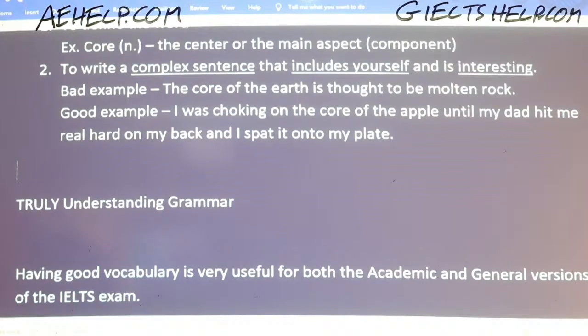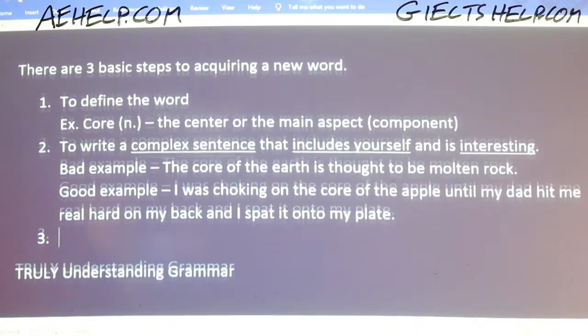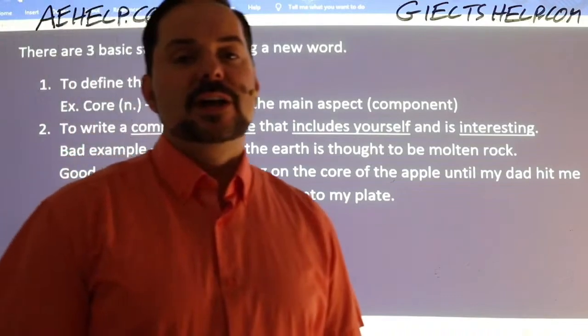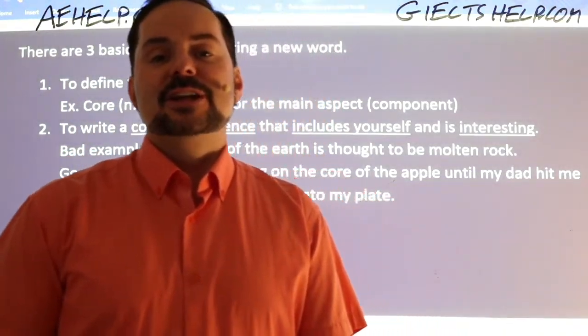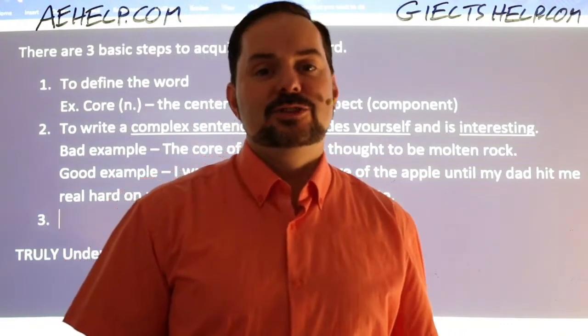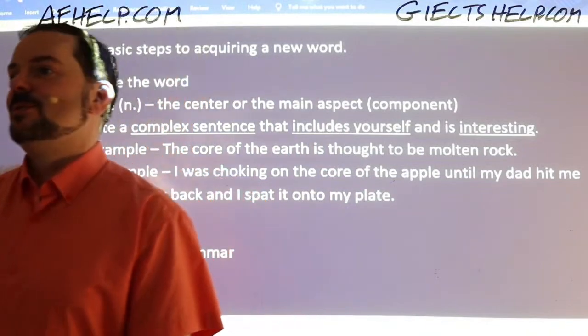So that's what you want to do, okay? Effective vocabulary is learned by great examples. That's what you want to be doing. You don't want to be doing like your grade 5 English vocabulary textbook learning where it's like John ate the core of the red apple. Okay, so you don't want to do that.